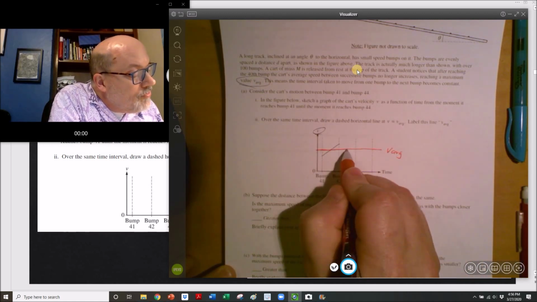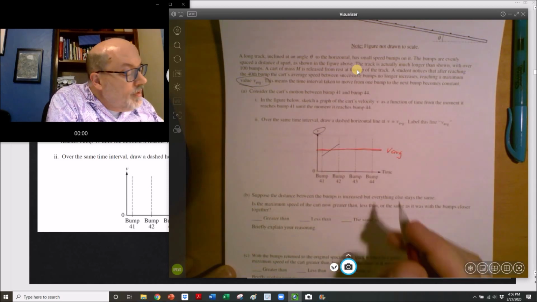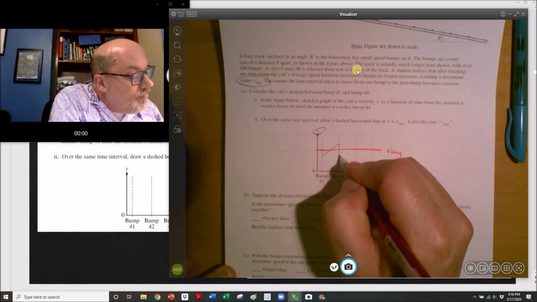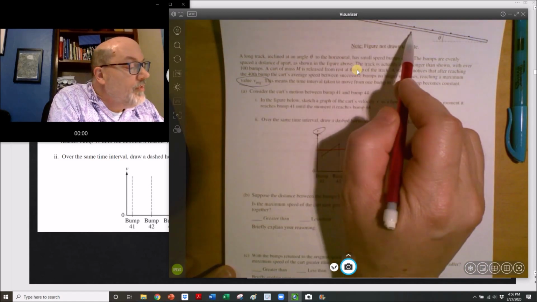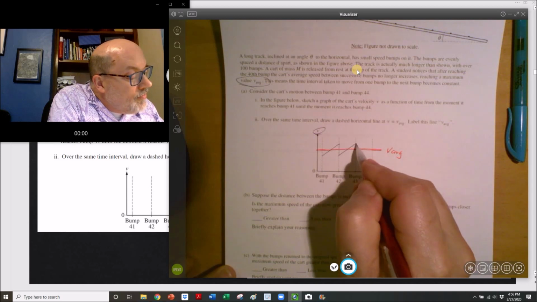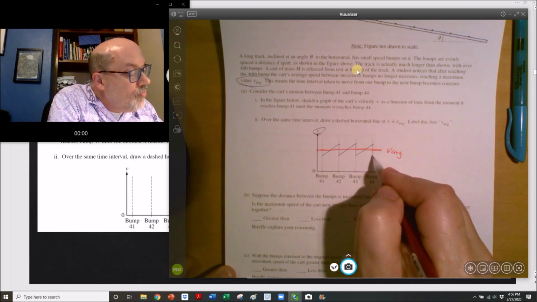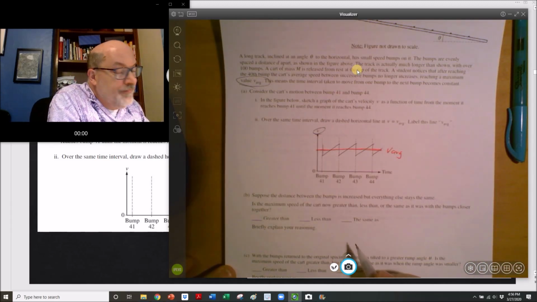Notice I tried to draw it horizontal, even though my drawing's kind of crappy. And then this is going to jump down because it's going to slow down in a very short period of time with these bumps. And then it's going to speed up again, and slow down, and speed up again, and slow down, and so forth. So it's going to look something like this.